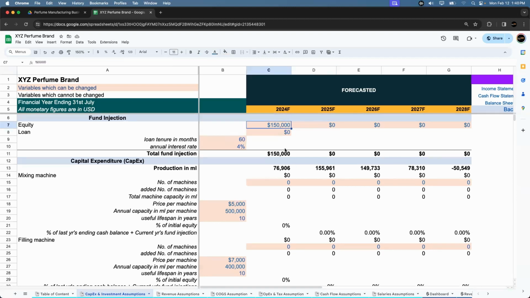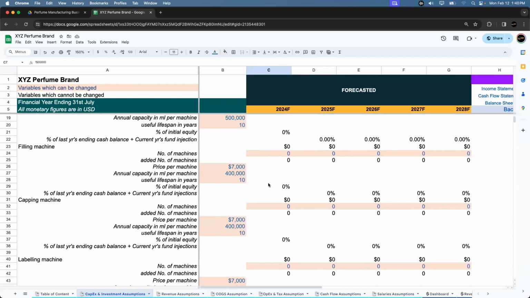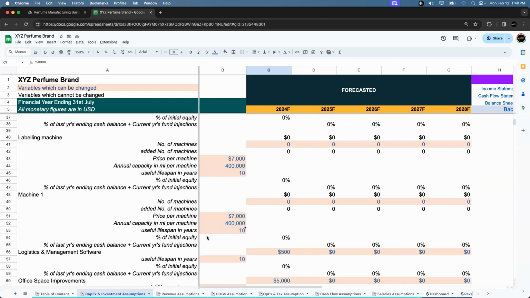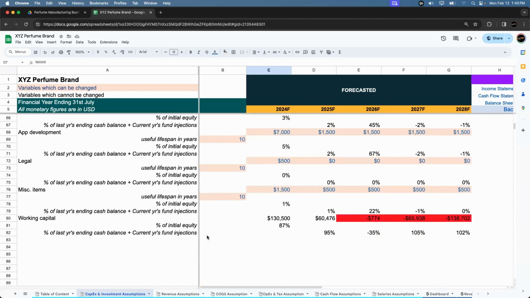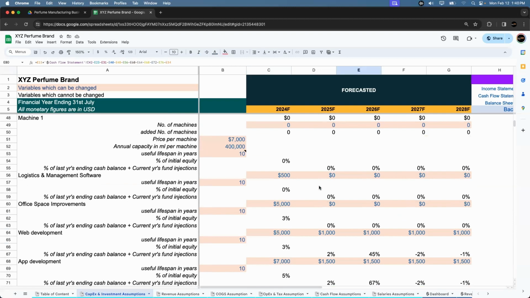For example, if you had invested 5,000, this would not have covered the capex expenses. Forget about the other expenses such as operating expenses and the cost of goods sold expenses. So these are the factors that are very important in order to make the business sustainable. So I'm going to discuss why this has become negative in the third year and how to fix this.